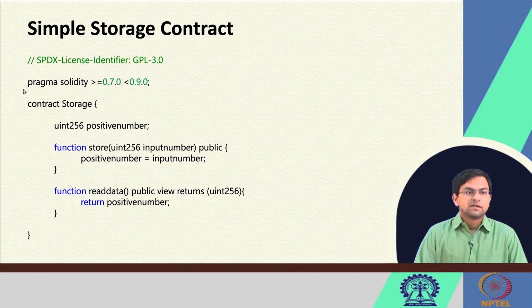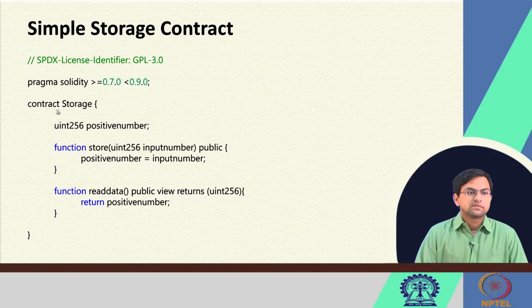Then in the next line we specify the pragma solidity, the version range that this contract will support. So, we are defining the minimum version of the compiler and the maximum version of the compiler that this code will comply to.